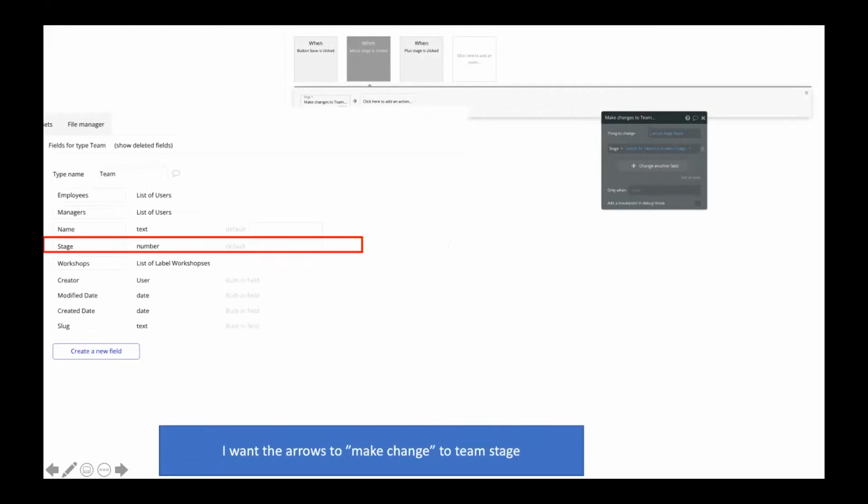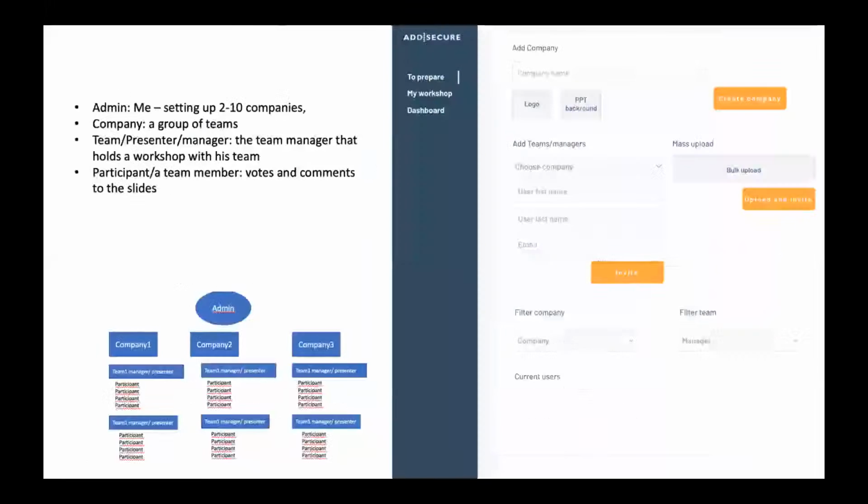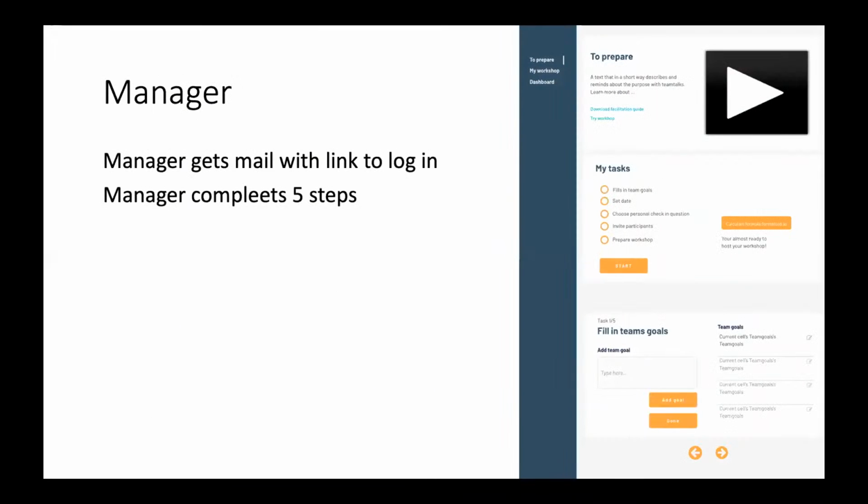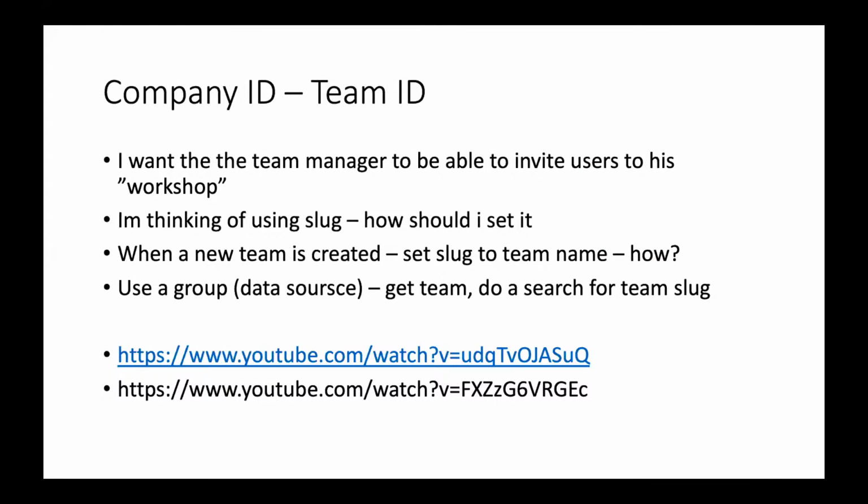Because when the team manager invites his users, I want them to log in and to be assigned to just that team in that company. And then I figure I need some kind of slug in order to do that.